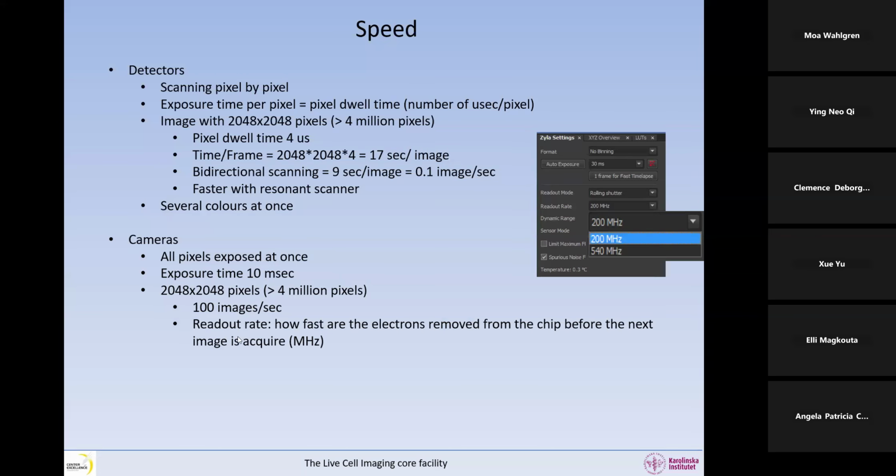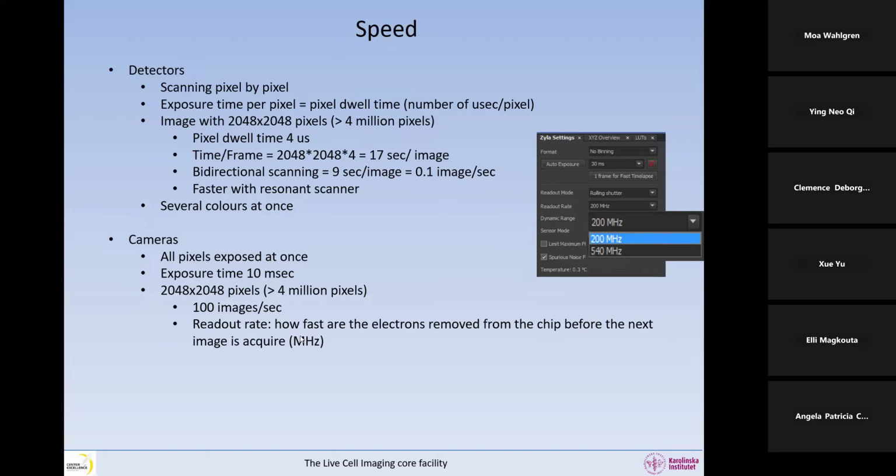And we can change things a little bit by changing the readout rate. If you have a camera, you will have a setting that tells you the readout rate, and sometimes they give it funky names like speed. Basically, the readout rate is how fast the electrons are removed from the chip before we can acquire again. So the pixel dwell time is how long we stay on one spot before we move to the next spot.